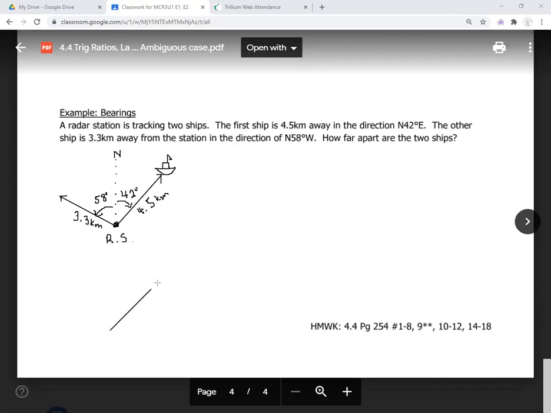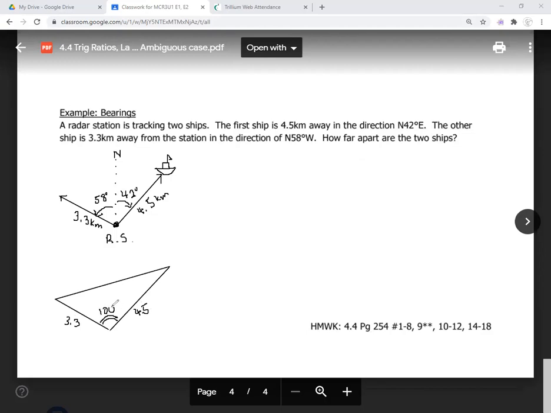If I were to redraw this, the triangle I'm dealing with is there. This is 3.3. That's 4.5. And the angle between is an addition of these two.